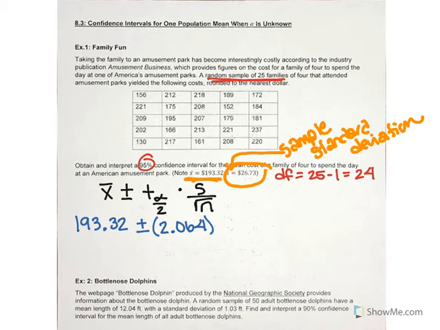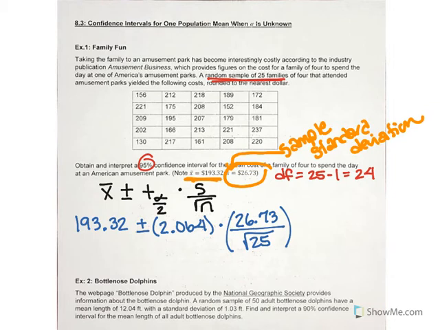And we're going to multiply that by the sample standard deviation of 26.73 divided by the square root of 25. You see, it's the same plug-in. So we're going to divide 26.73 divided by 5.